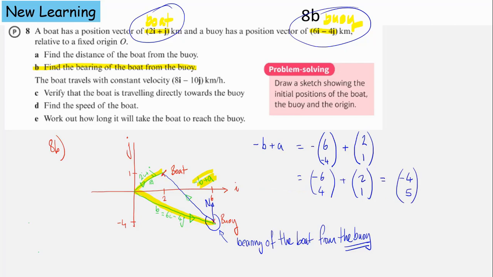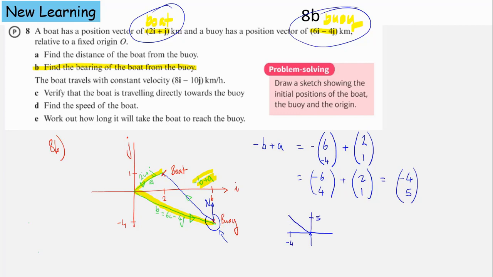Just going to create a bit more space at the bottom here by erasing this writing. Minus 4 and 5. If I again use that as a position vector, go along by negative 4, go up by 5. So go along by negative 4 and go up by 5.